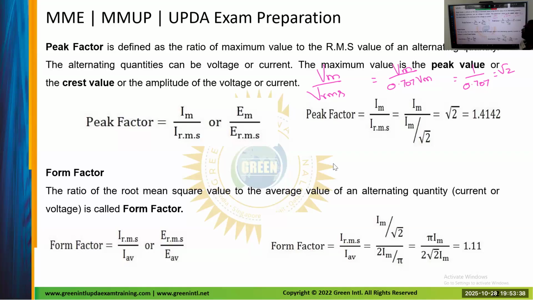So the peak factor is a constant, and the value is root 2. Note that this constant is exclusively for the sinusoidal waveform. For the triangular waveform it is different, but in our exam they never ask those questions. So we forget about those things. Peak factor value means root 2 or 1.414.